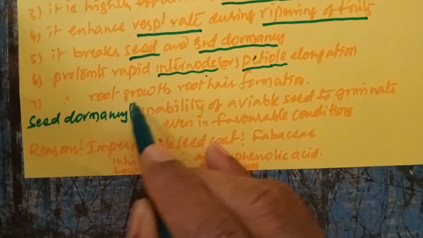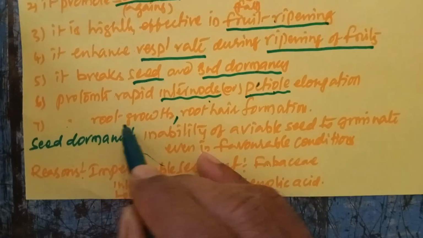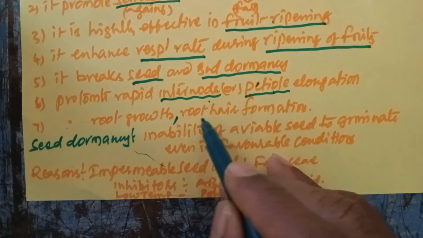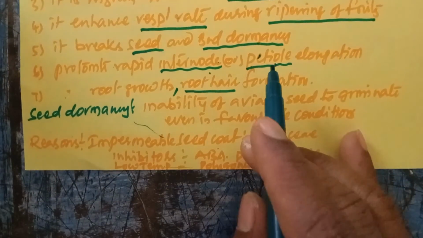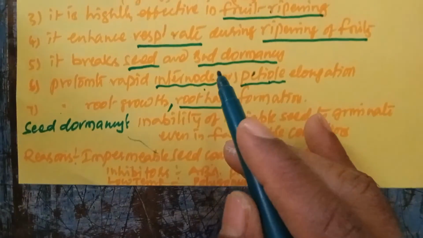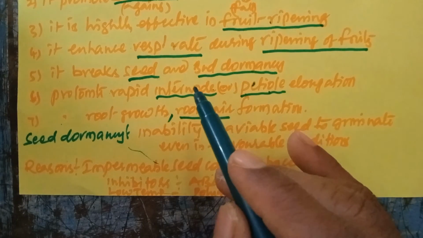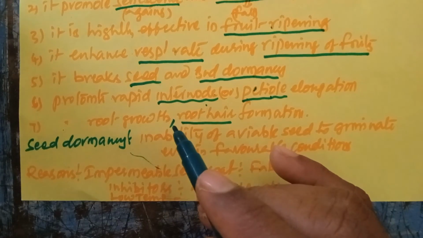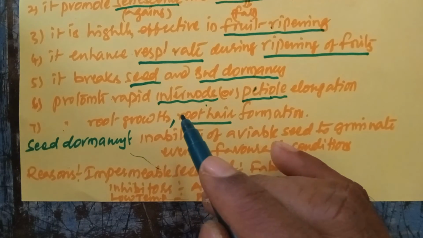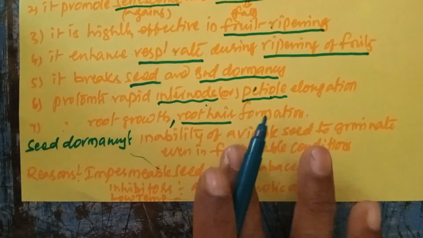Ethylene also promotes root growth, growth of root and formation of root hairs. So these are a few advantages and a few disadvantages of ethylene. So ethylene is defined as a plant growth inhibitor.